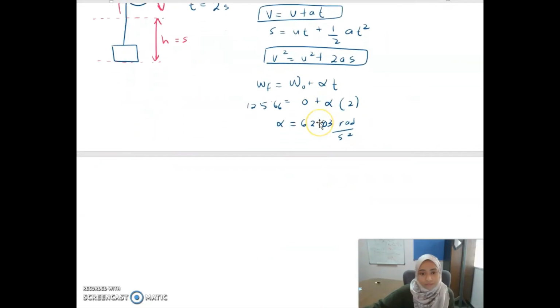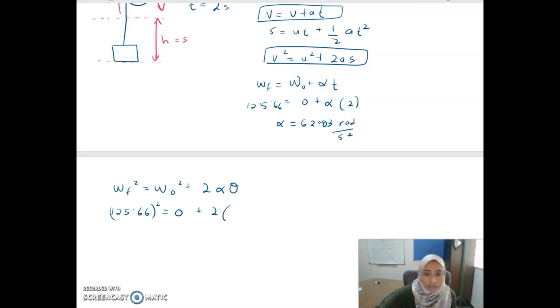So let's do that. So v squared, which is omega final squared, equals omega initial squared plus 2 alpha theta. This guy is 125.66 squared equals 0 plus 2 times my alpha, which is here, 62.83, and I am solving for theta, which gives me 125.66 as well, but in radians.